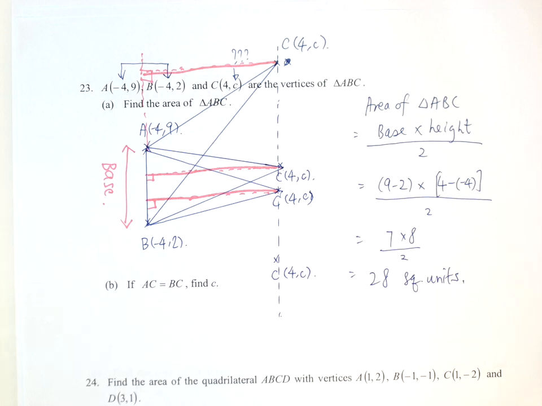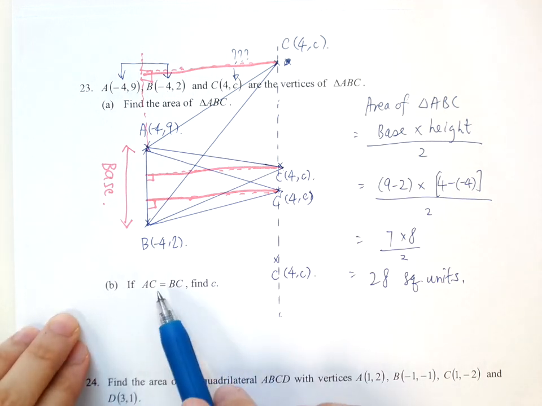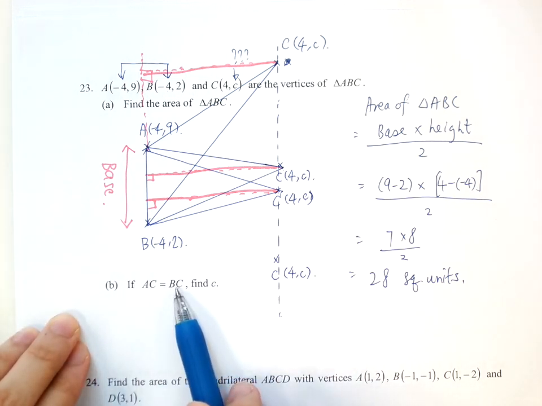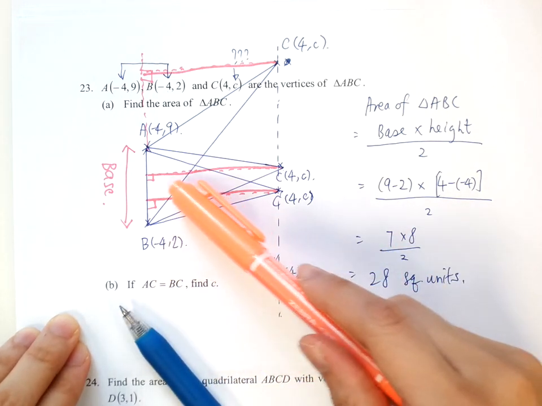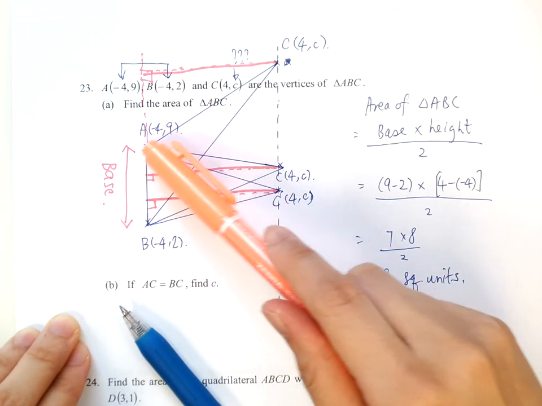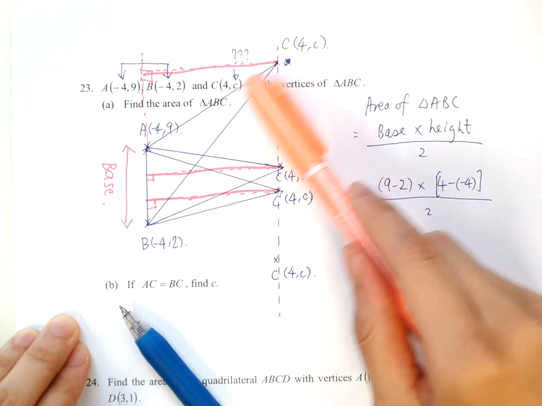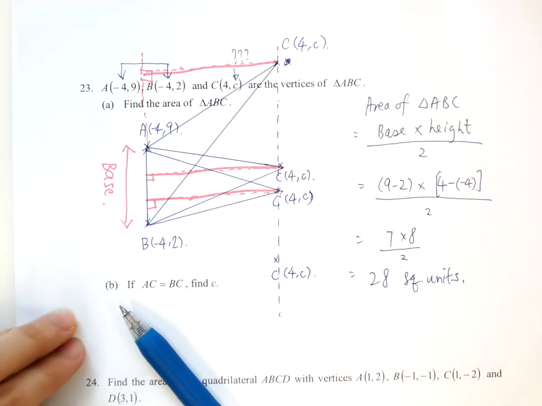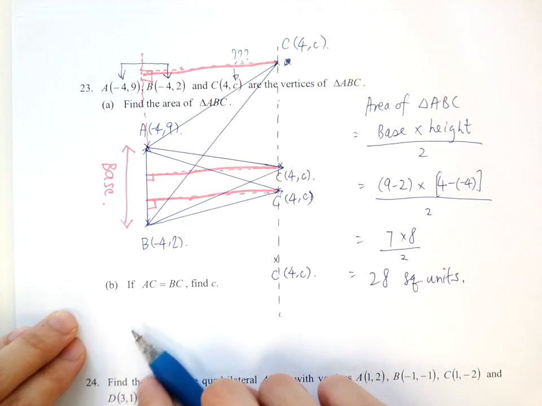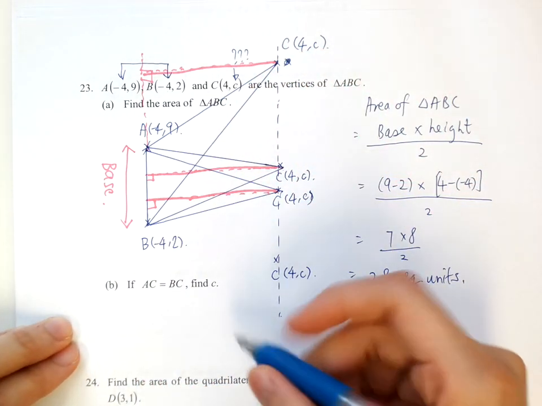So let's take a look at part B also. For part B, the length AC must be equal to BC. Let's take a look at the triangles we have formed. If I take this triangle, you will find that BC will be longer. How do I draw the triangle so that AC and BC are equal?